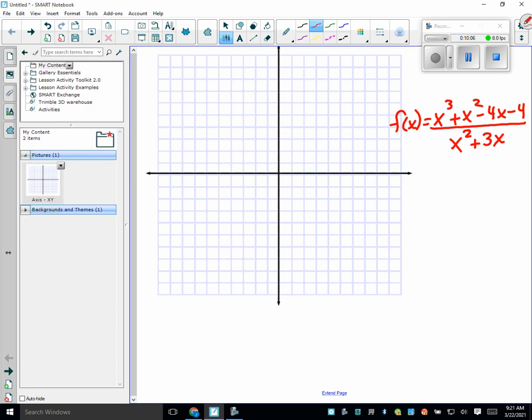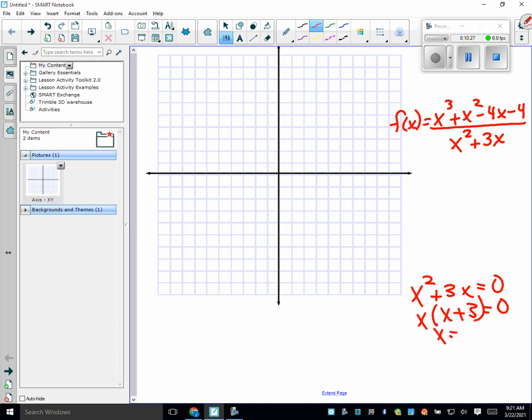Does it have a vertical asymptote? I said x squared plus 3x equals 0. Can I factor out an x?